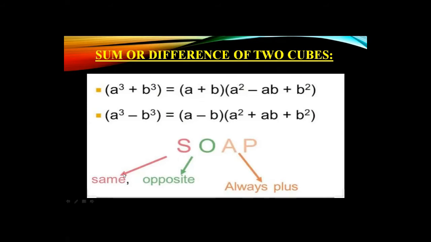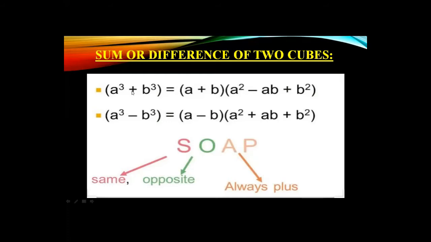So for a cube plus b cube, if this is plus, S stands for same, so the first sign should be the same, plus means plus. And then the second sign is opposite. O stands for opposite.